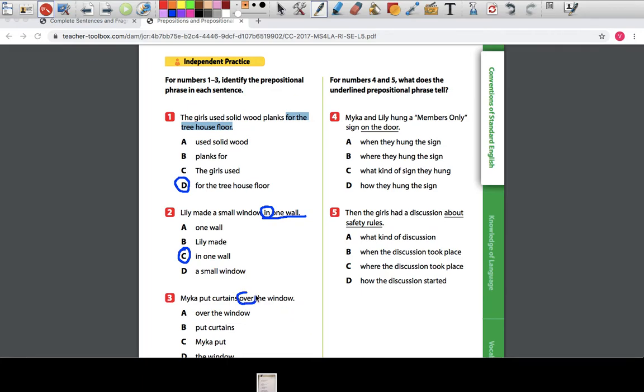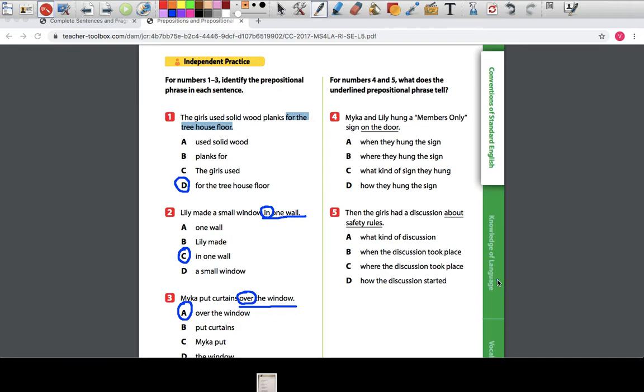And this isn't anything that you have to do in this part. You don't have to circle the preposition and underline the prepositional phrase. I'm just doing that so you can see what I'm doing as we're doing it. Over is my preposition, and where, it's over the window. So that would be letter A.